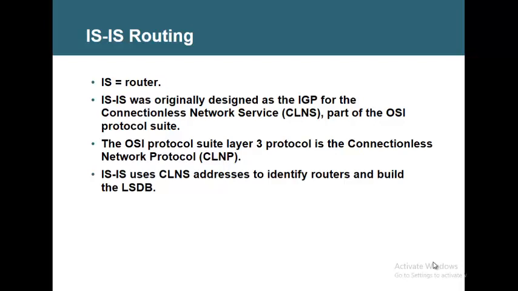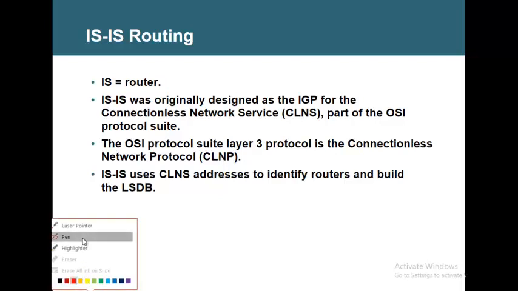See, in OSPF, we use the router ID to identify routers. What is the size of the router ID? 32-bit. It copies one of the loopback interface addresses, and using that router ID, the link state database is built. Whereas ISIS uses a CLNS address to identify a router. The CLNS address is what we call the net ID.